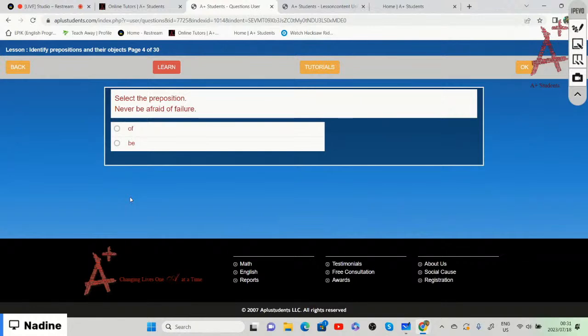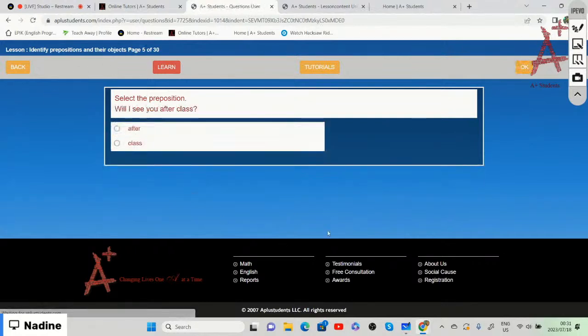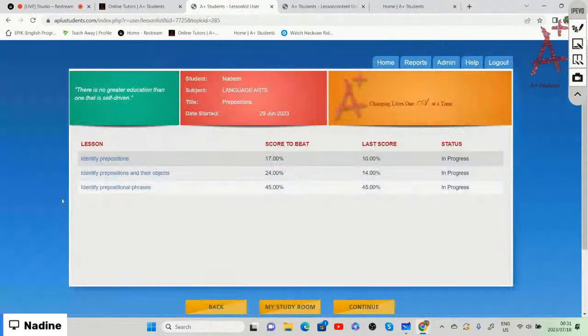And what does it connect to the rest of the sentence? All right, so we will choose the preposition of, which connects the word, the object failure, to the rest of the sentence.